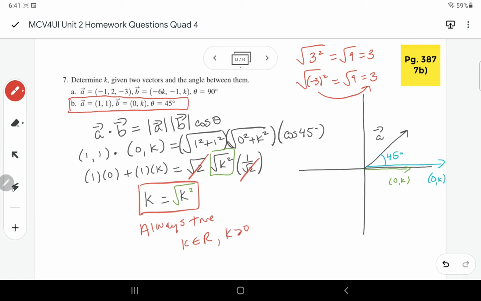And if k was a negative, then I wouldn't have a 45-degree angle. I'd have a 135-degree angle because that would be an obtuse angle between those two vectors, A and B. So k can be any real number greater than 0, and that will form that 45-degree angle.